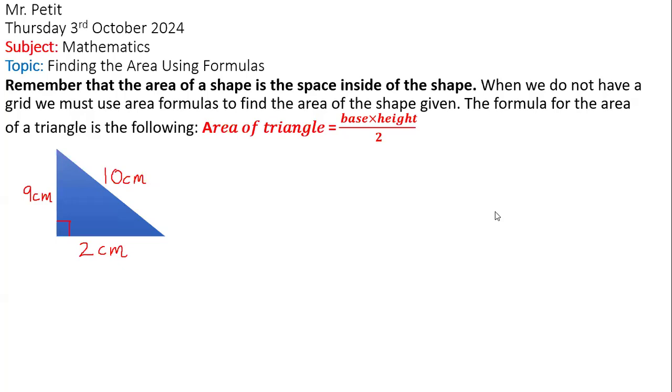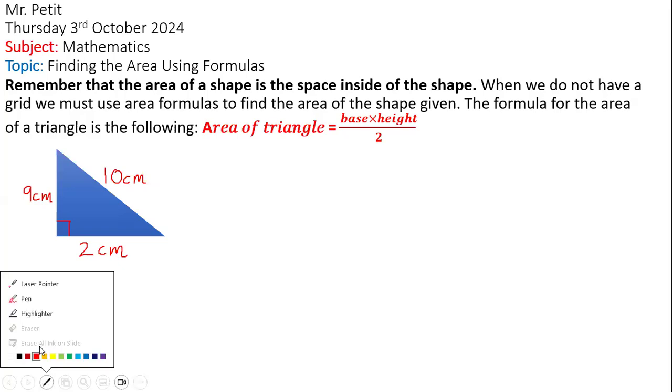Okay, so I'm seeing 9 centimeters is the area, 18 centimeters is the area, 9 centimeters squared is the area.